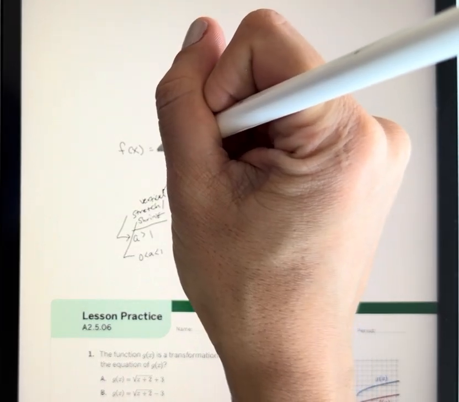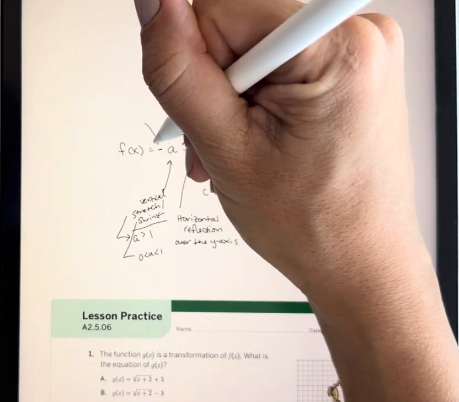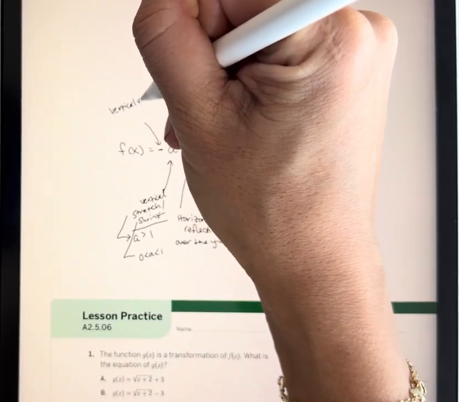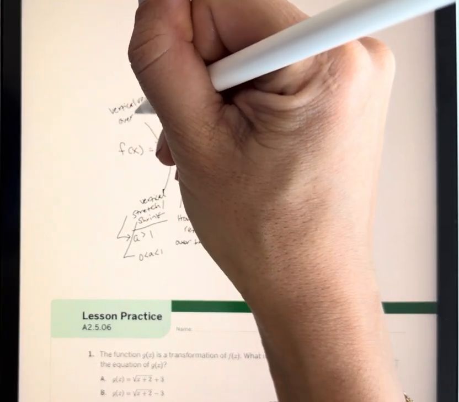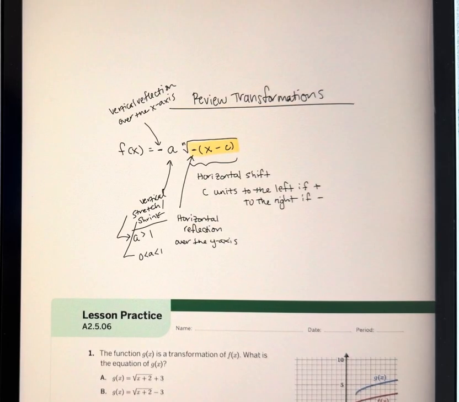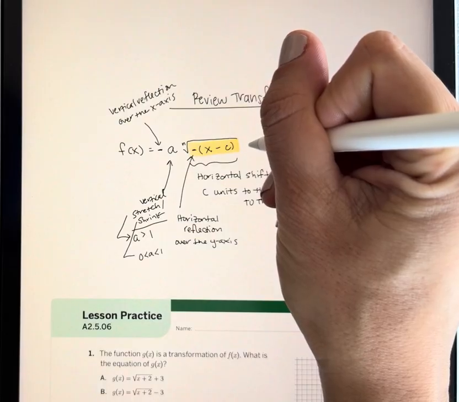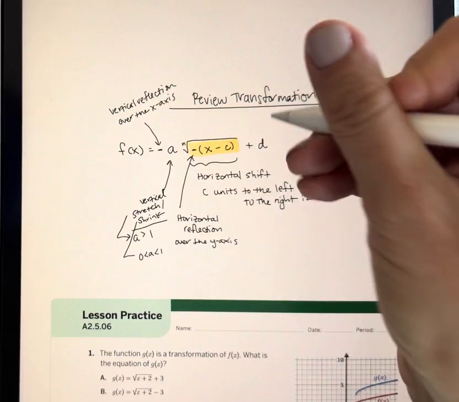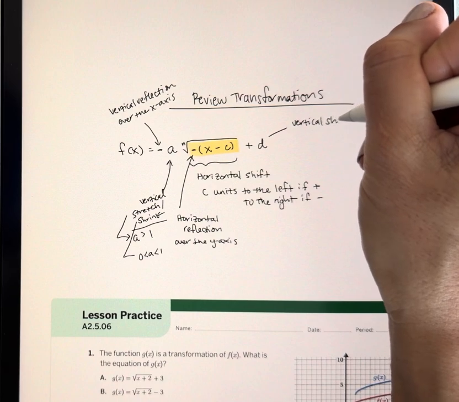And lastly, I like to separate this from A. There could be a negative in the front. And if there's a negative in the front, that's a vertical reflection over the x-axis, okay? And then the absolute last thing is that we could have a plus D. This right here, D, is a vertical shift.